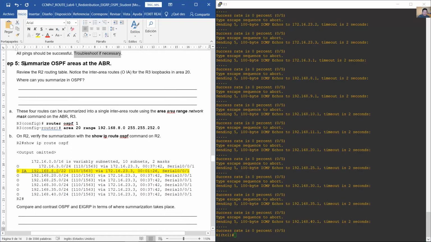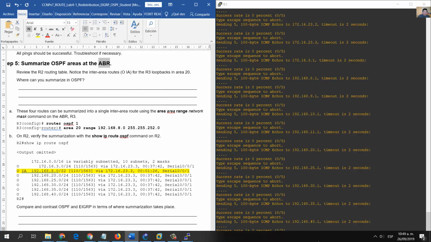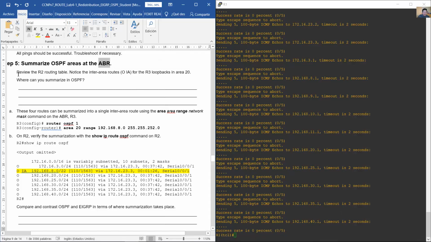Okay, and now summarize OSPF areas in the area border router, ABR. Review the R2 routing table. Notice the inter-area routes for the R3 loopbacks in area 20.